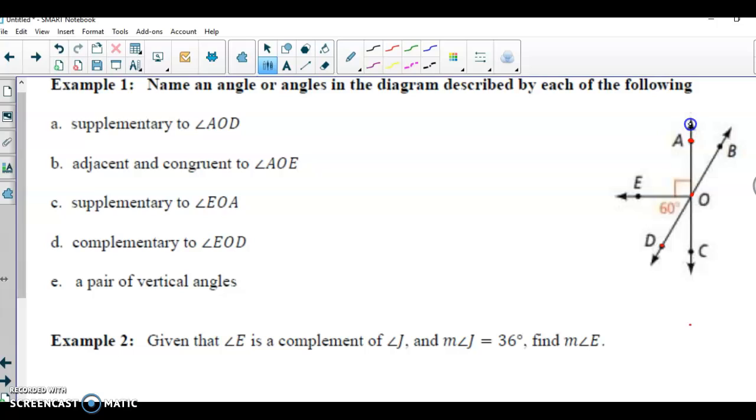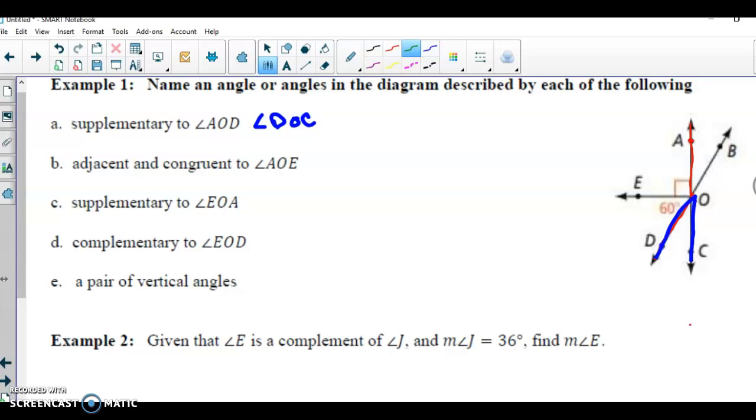So angle AOD is this angle right here. And we want something that added together with that will give us 180 degrees. So we need basically what would form a straight angle. And so if we look right next to it, if we go angle DOC, together those two angles would add up to 180 degrees. So angle DOC is supplementary to AOD.